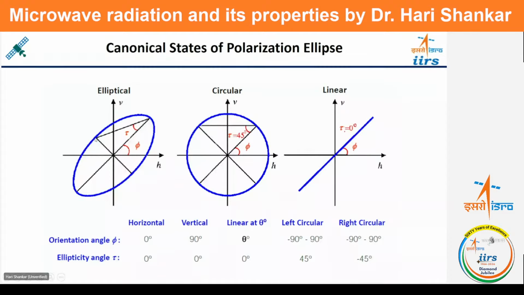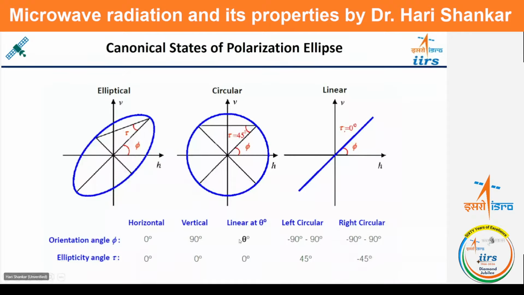It means the distance from here to here will be 0, or you can say this line will lie on this line, and this line is lying over the x-axis. So everything is lying on the x-axis, and the x-axis is basically horizontal polarization. In that way, you can imagine the values of phi and tau and understand accordingly. If phi is 90 degrees and tau is 0, then it is vertical polarization.